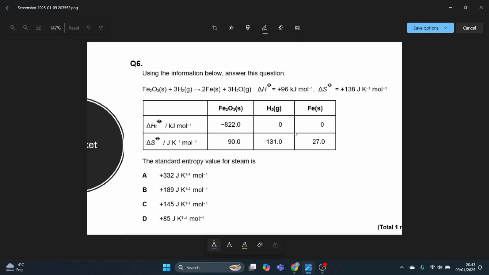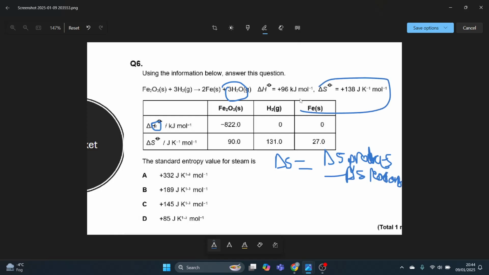Using the information below answers this question. The standard entropy value for steam is, so H2O. Okay, classic entropy change. I can also tell again, this is formation data, so that little F is entropy of products minus entropy of reactants. But in this case, we have to do a bit of rearranging.